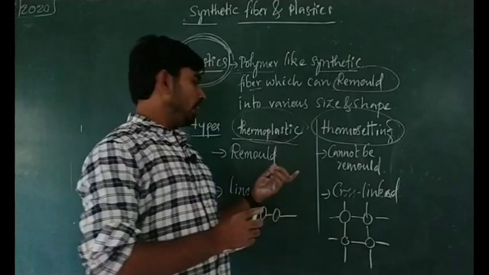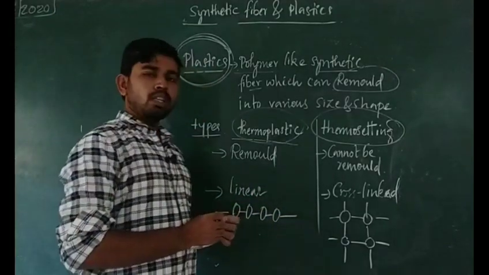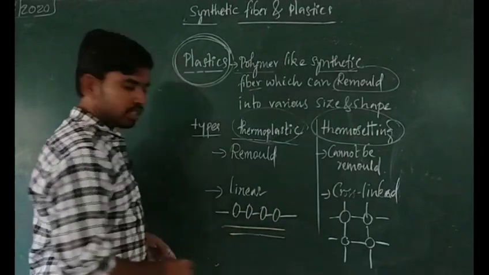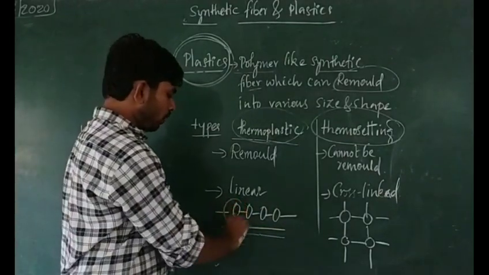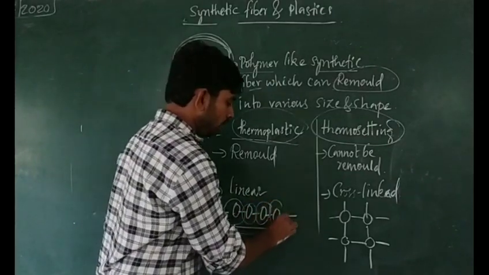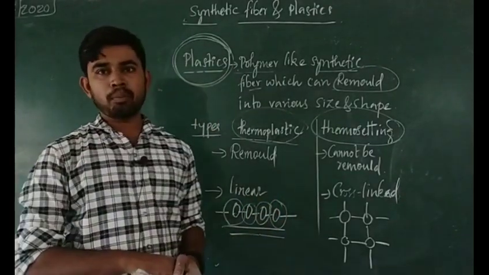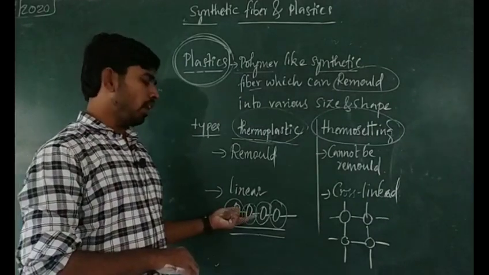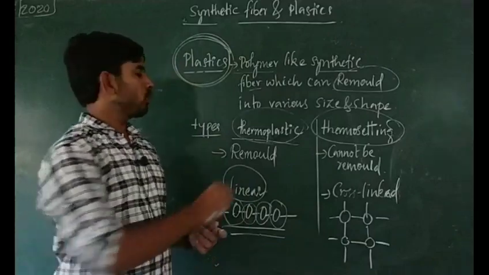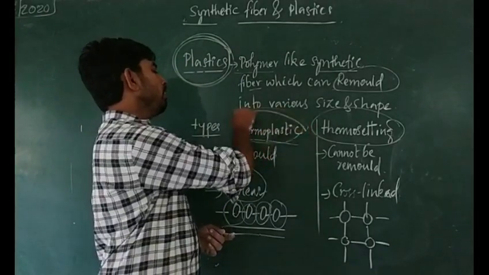One more thing you should remember: what is the structure of a thermoplastic? They are linear. Here all the monomers join one another in the form of a line. Then it is said to be a linear structure. Linear structure is exhibited by thermoplastic.